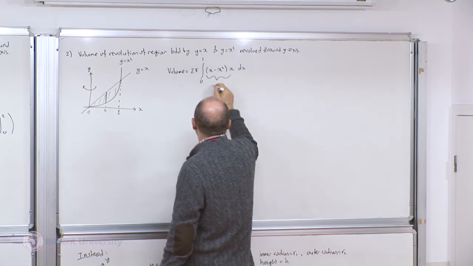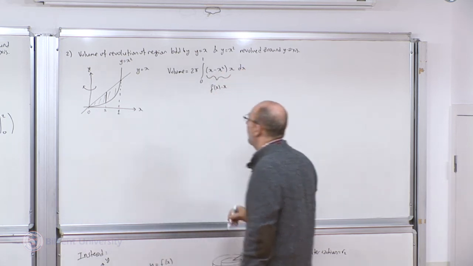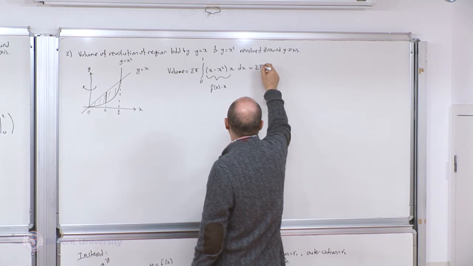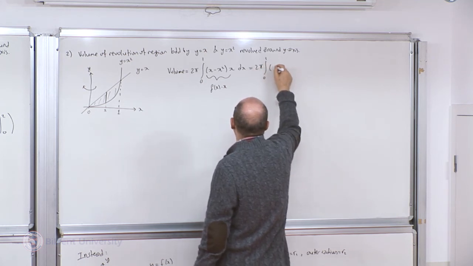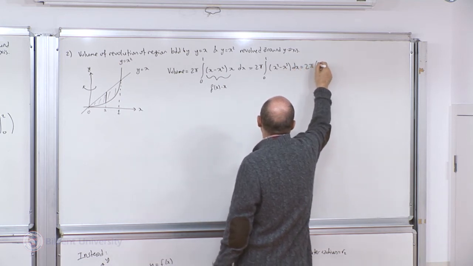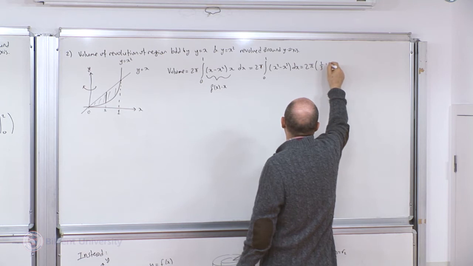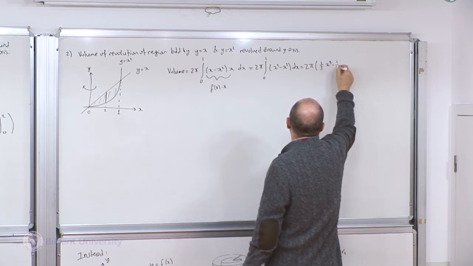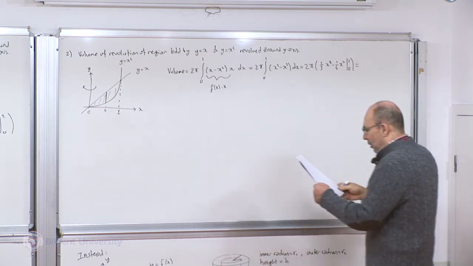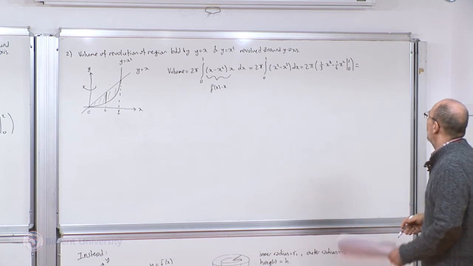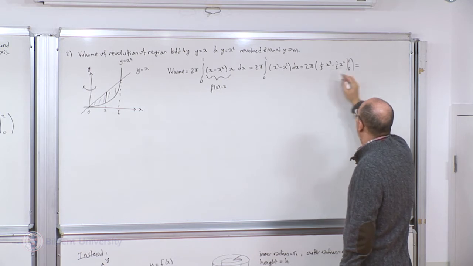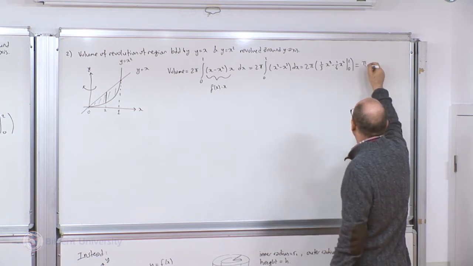So this part is f of x times x. Again, the rest is now easy. From 0 to 1, x squared minus x cubed dx. This is 2 pi, 1 over 3 x cubed minus 1 over 4 x to the 4, from 0 to 1. So here you'll have 12 in the denominator, but you'll have 6, so that's pi over 6.